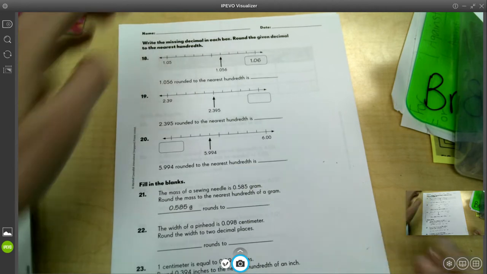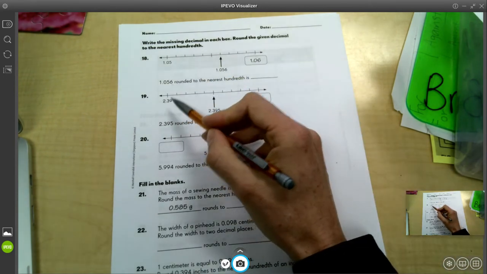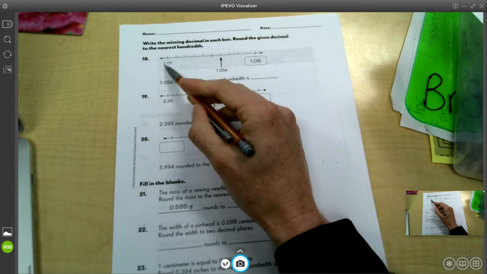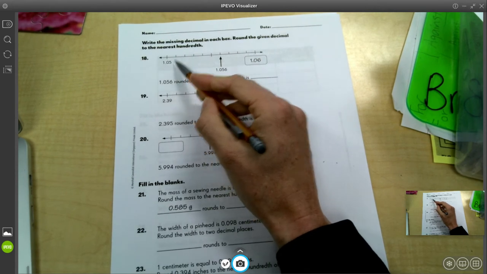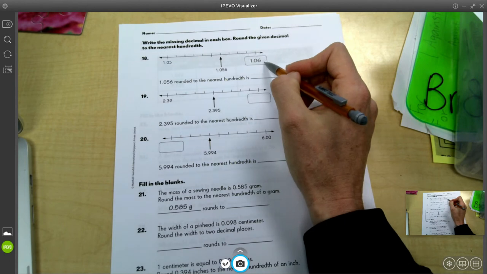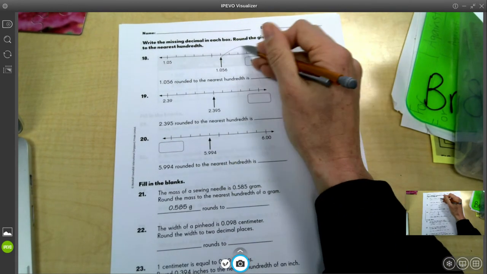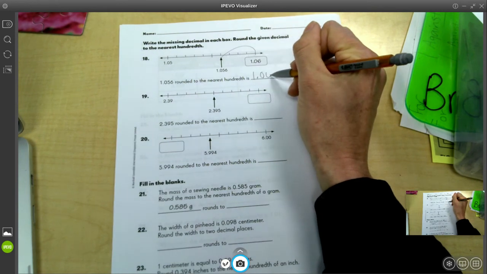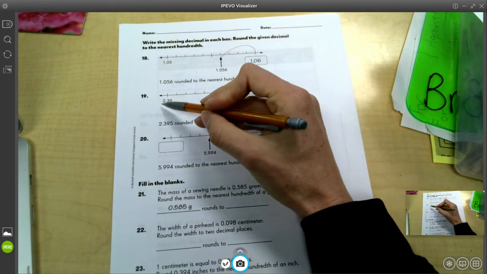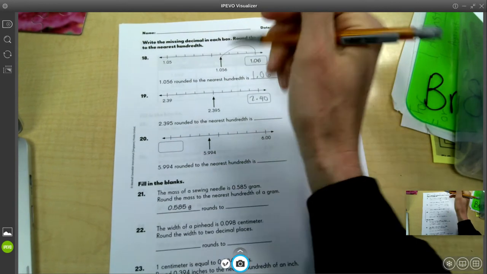All right, we're going to write the missing decimal in each box, round the number to the nearest hundredth. So here I have 1.05 and 1.06, 1 and 5 hundredths, 1 and 6 hundredths, 1 and 56 thousandths rounds to 1 and 6 hundredths. Here I have 2 and 39 hundredths, so here's 2 and 40 hundredths.